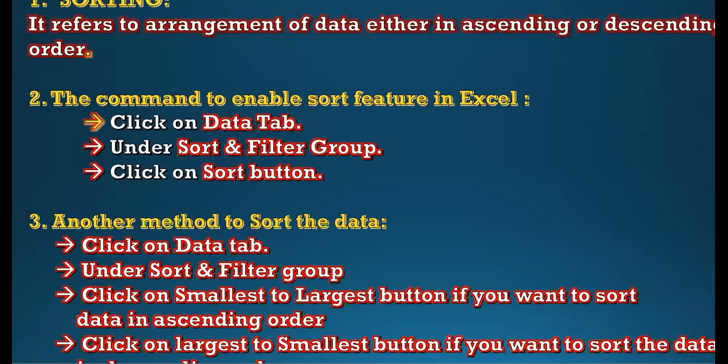Very good, Nitya. So students, what is the difference between auto filter and advanced filter? Auto filter works with selected range of cells, whereas advanced filter works with multiple fields. Okay.